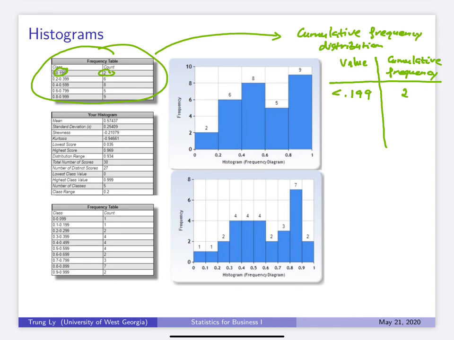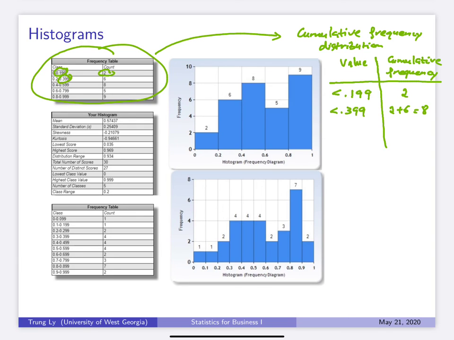For the second bin, the upper limit is 0.399. So again, we're asking ourselves how many observations in the data set are less than 0.399. And the answer is there are 2 plus 6, which is 8. 2 observations between 0 and 0.199, and then 6 observations between 0.2 and 0.399.